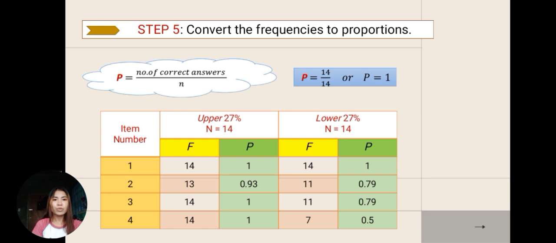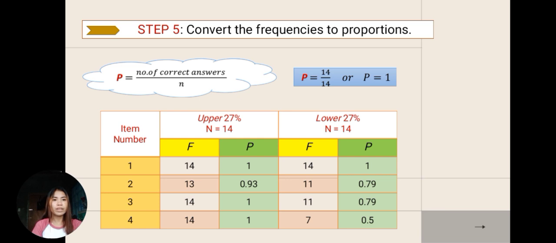Then in item 2, we have 13 correct answers from the upper 27%. Therefore, 13 divided by 14 is equal to 0.93. And in the lower 27%, we have 11. So, 11 divided by 14 is equal to 0.79. Then, in item 3, we have 14 correct answers in the upper 27%, 14 divided by 14 is equal to 1, therefore our proportion is 1.